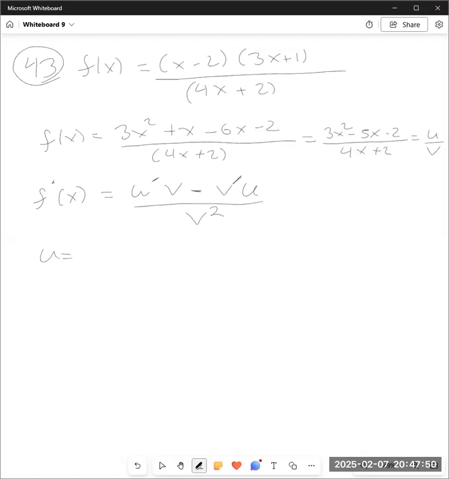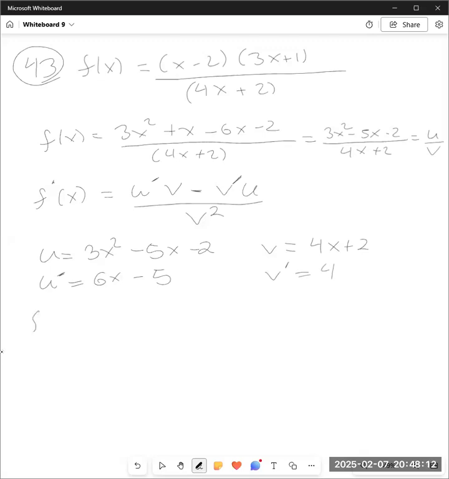U is equal to 3x squared minus 5x minus 2, and u prime is equal to 6x minus 5. V is equal to 4x plus 2, and v prime is equal to 4.